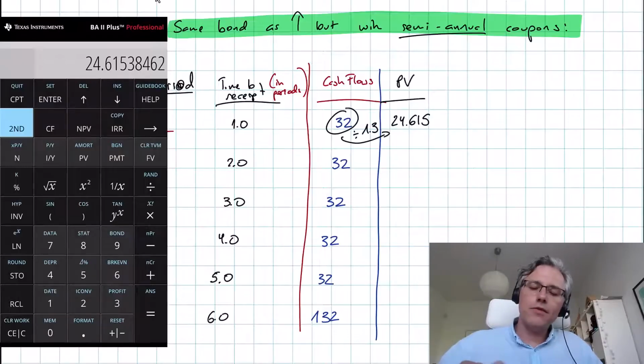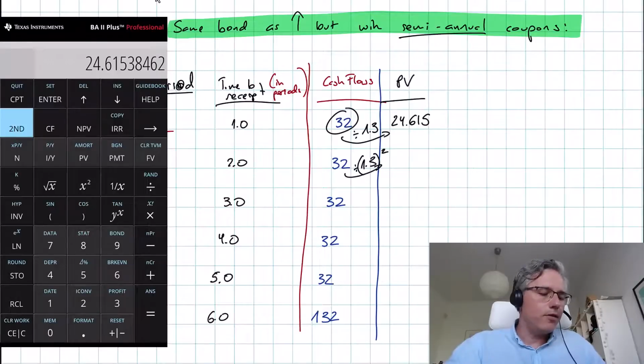Now I'm trying to be as precise here as is realistically feasible. I could go and do more decimal places, but I can't be bothered. I think 3 decimal places is going to be fine. Now the next one is again 32, but this time divided by 1.3 to the power of 2, 18.935. Let's just note this down.